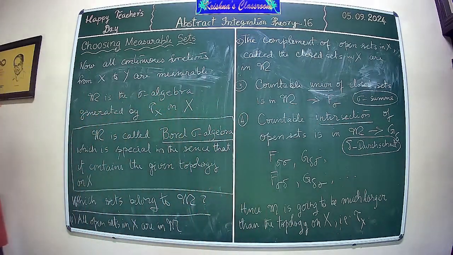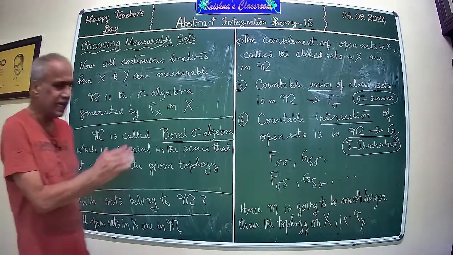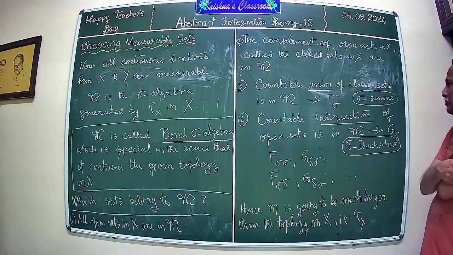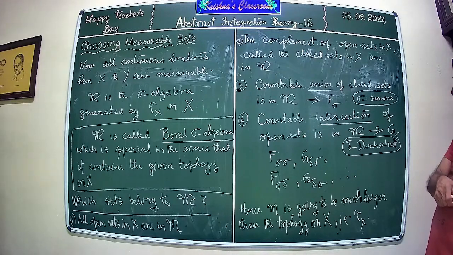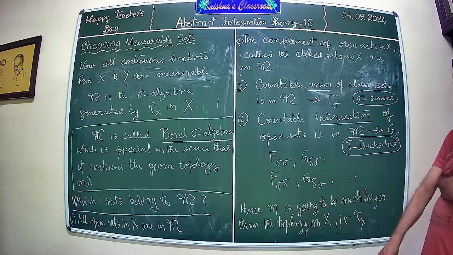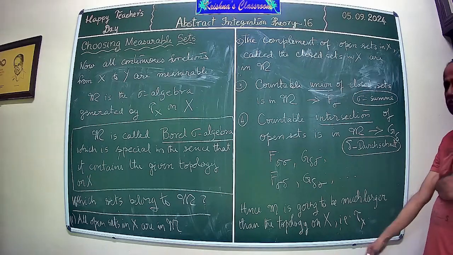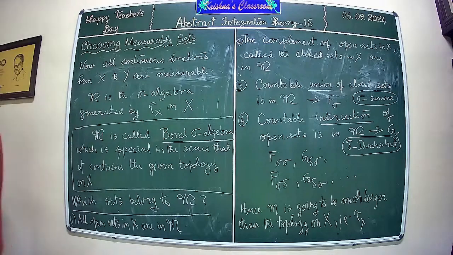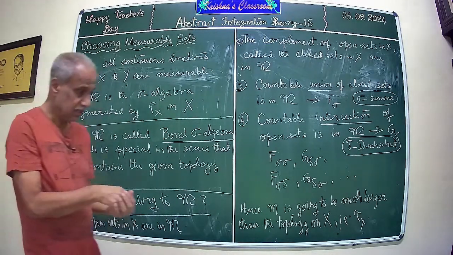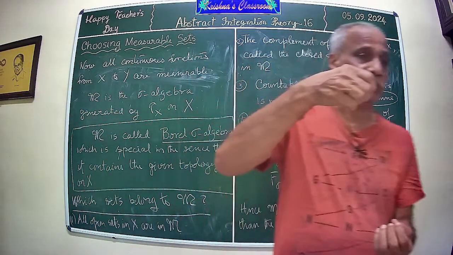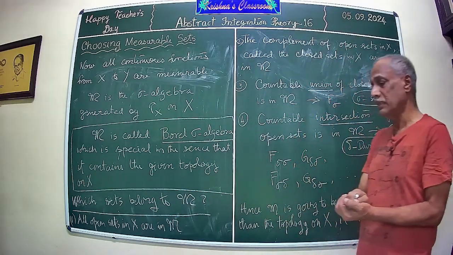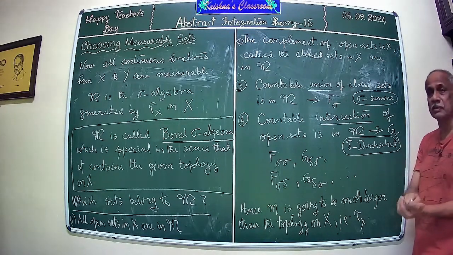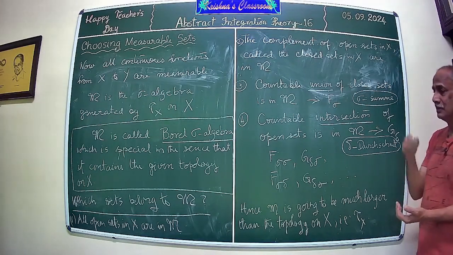Very comfortably you can work on that. But that happens to be the smallest sigma algebra that you can get containing this tau X. So we often superimpose on X, given a topological structure, a sigma algebra, which is the smallest sigma algebra that contains tau X.